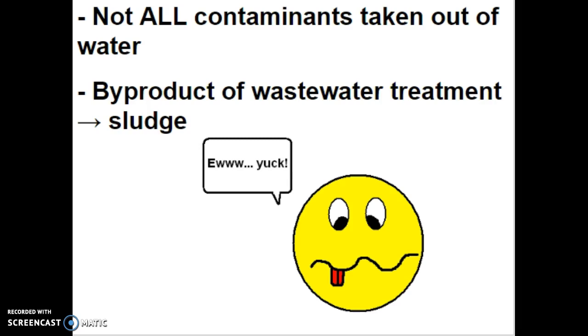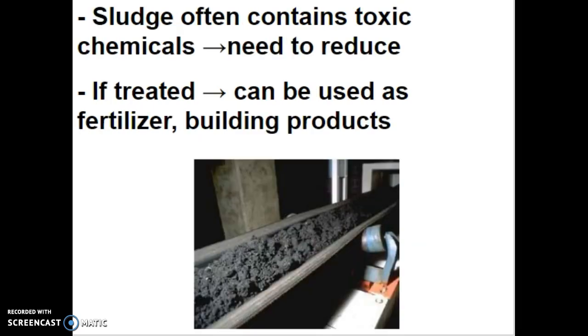A byproduct of wastewater treatment is this really awesome stuff called sludge. So all of the large particles that had to be removed in the sedimentation tank become what's known as sludge. Sludge often contains chemicals that are not good. We need to reduce those chemicals in the sludge before we dispose of that.